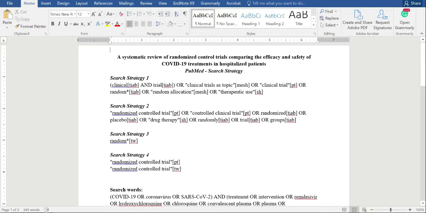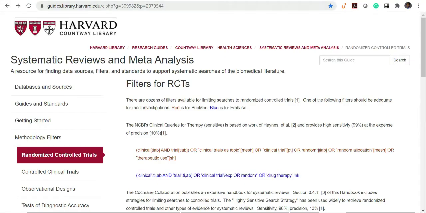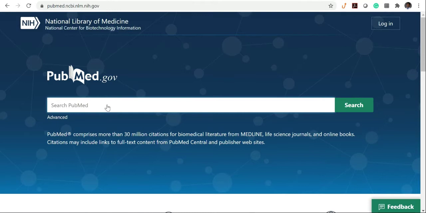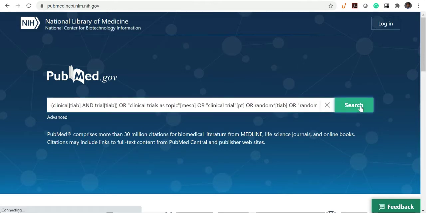So if we use only these strategies, what we'll see is we will pull up all the clinical trials or associated studies on PubMed. So let's go ahead, copy all of this, and let's go ahead and open up PubMed and paste the entire search strategy.